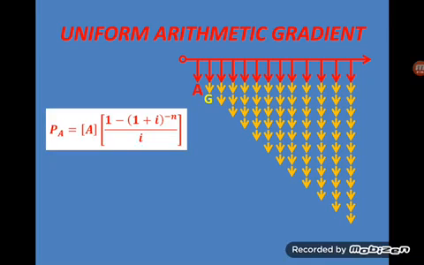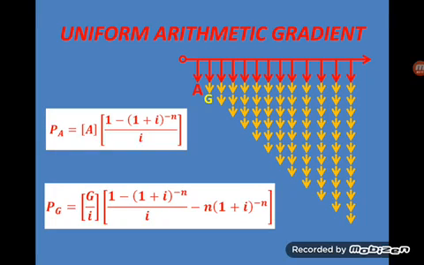First, calculate the present worth of the annuity, which is equal to this formula. Next, considering that every arrow here is equal to an amount of G for gradient, calculating the present worth of all of these yellow arrows will yield this formula.